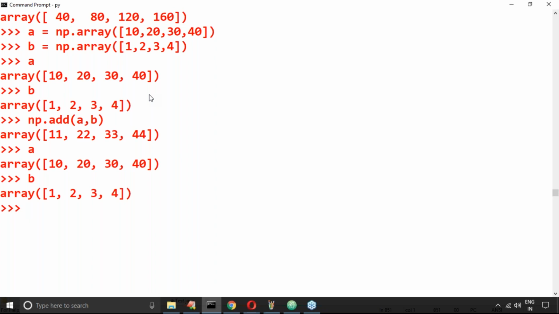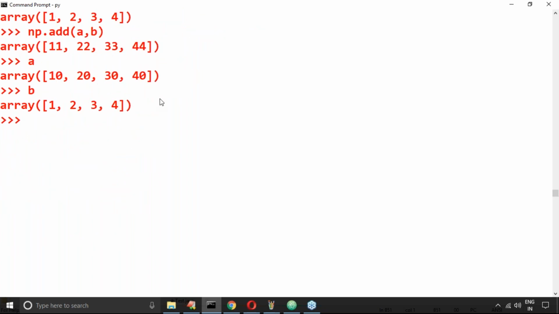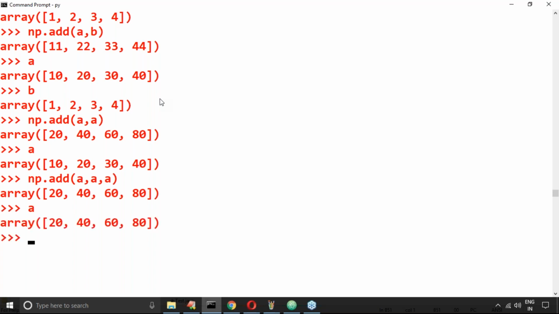A value is the same only. Then why are we getting earlier 40, 80 and so on? np.add(a, a). Same. Have you observed, right? If I pass 3 arguments, something is happening.